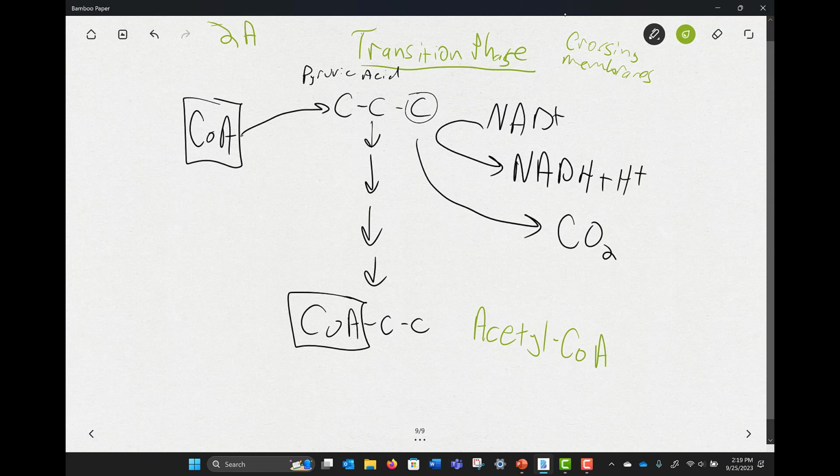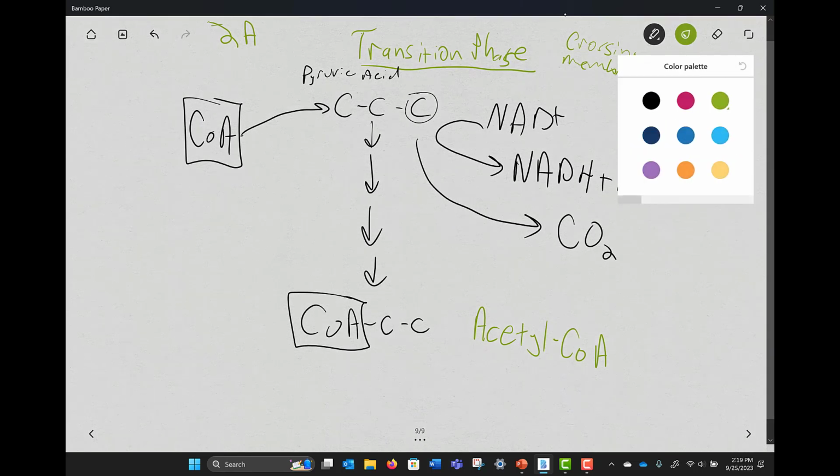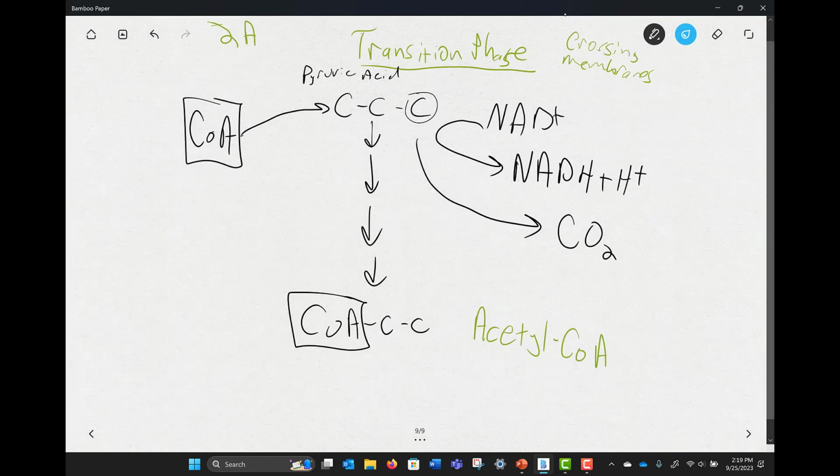Acetyl CoA. So let's see what's important on here. This is step 2A, the transition phase or the preparatory phase. It happens crossing both mitochondrial membranes. We start with a molecule of pyruvic acid times 2, because remember, this is happening to that other pyruvic acid that we made at the same time, just off screen. Now, as we cross the outer membrane and the inner membrane of the mitochondria, these next steps happen.